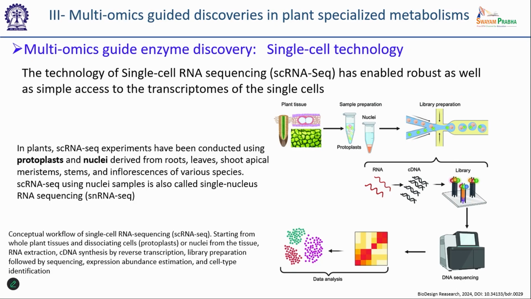So here is a summary of the technology that is now applied to obtain a transcriptome of a single cell. So the idea is you prepare different samples, and the intermediate step is the preparation of protoplasts. Protoplasts are cells where you have digested all the cell wall, so they are completely separated from the others.